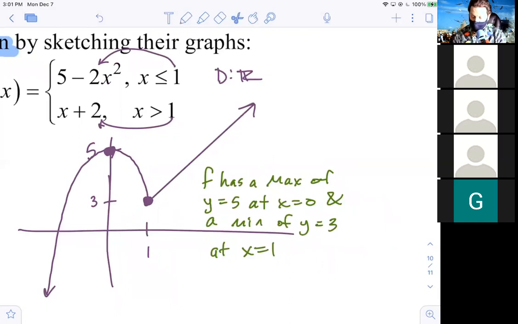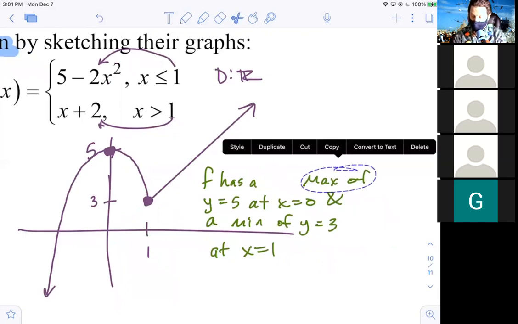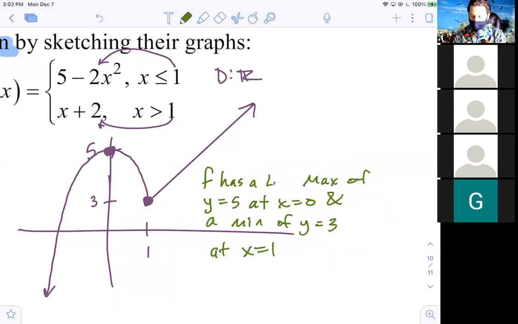So if I want to say this, I better scoot this over and say local max and a local min. It's important that you don't just get casual with the wording, right? Local and relative max or mins can only occur on the interior, and they have to be qualified. Otherwise, everyone's going to assume that you're talking about absolute or global.